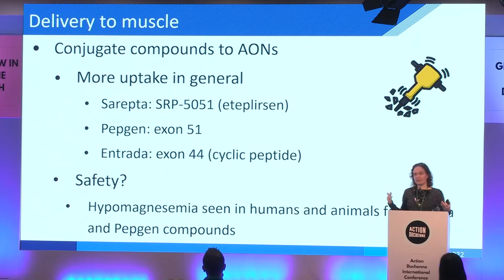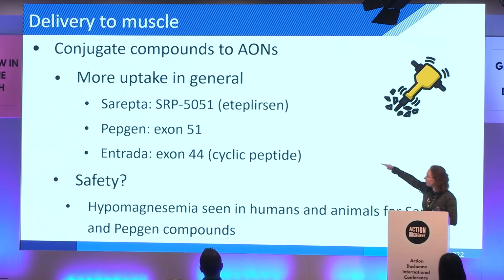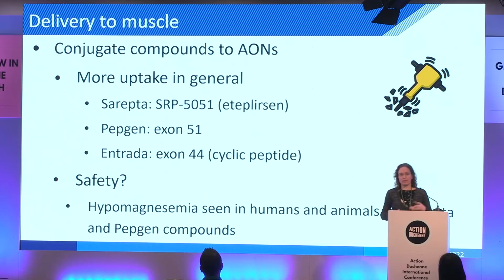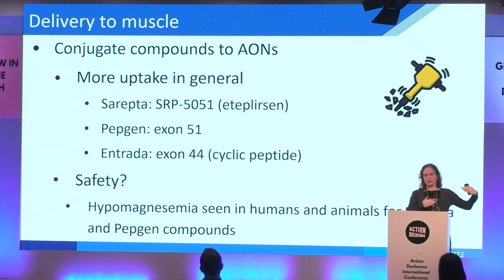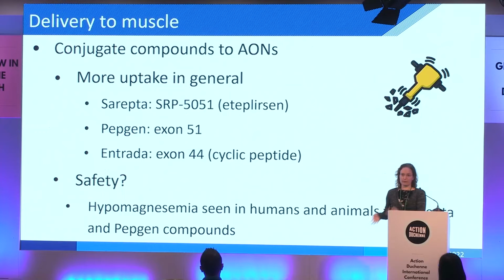So are there safety concerns? Yes, there are, because what you see in the Sarepta and the PepGen, Sarepta has tested in patients, PepGen in healthy volunteers, and they see hypomagnesemia. What does that mean? There's too little magnesium in the blood, probably because there's too much magnesium excreted through the kidney in the urine.